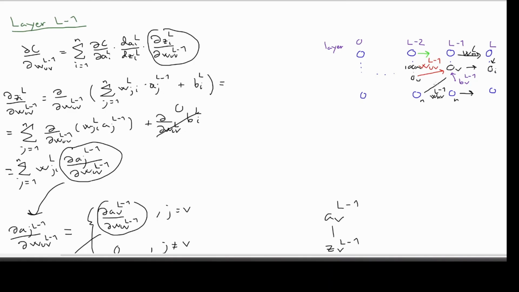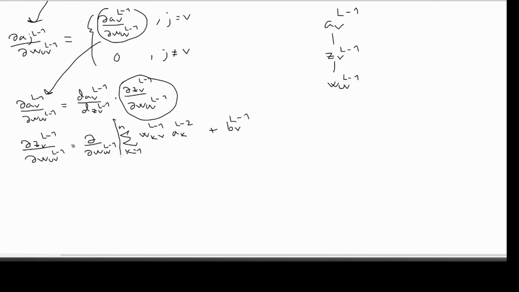So if we go back to our expression and consider which quantities change with respect to this weight, the bias term disappears, as we've seen previously, and we're left with a sum from k equals 1 to n. We stated previously that activations from the previous layer, layer L-2, are not affected by the weight going to layer L-1 and therefore lying ahead of the activations.